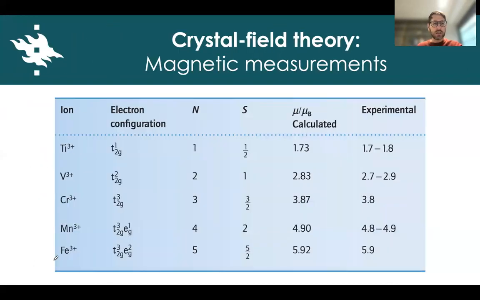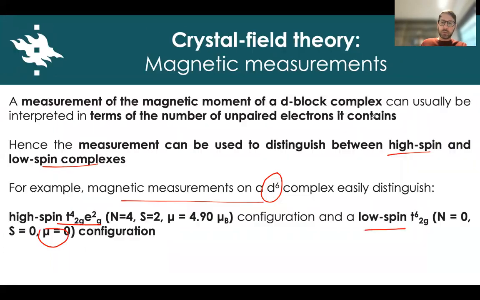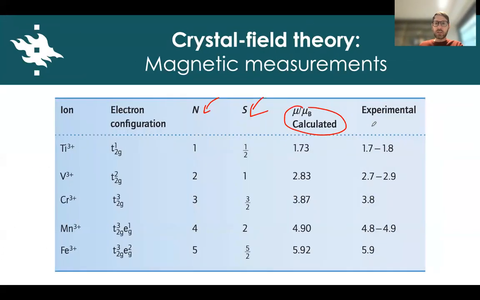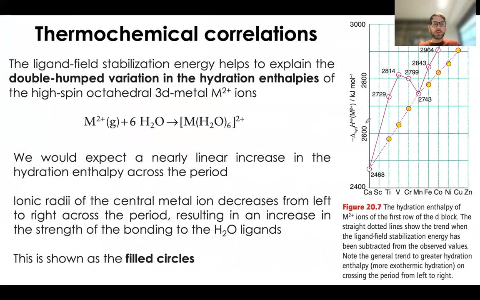Here are some values for different electron configurations: the number of unpaired electrons, the total spin quantum number, the magnetic dipole moment calculated, and the experimental values, in which we can see a good agreement between calculated and experimental values.